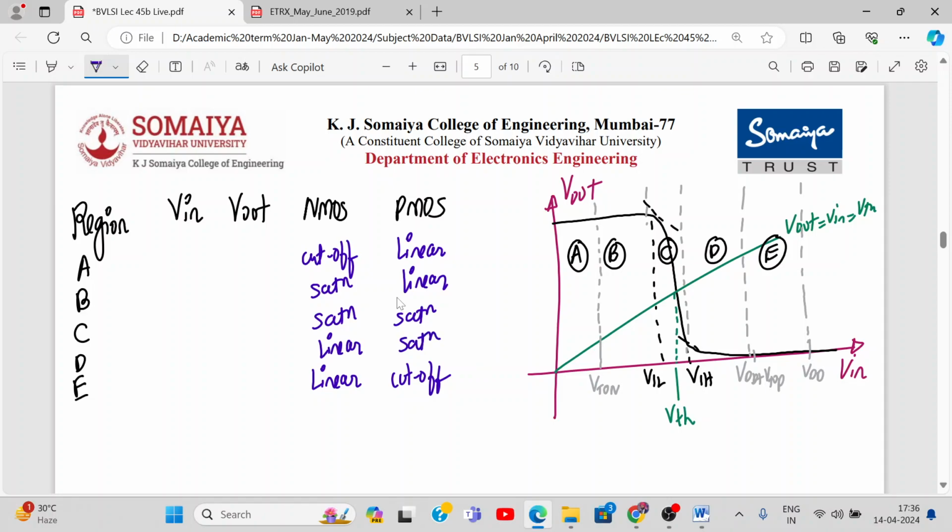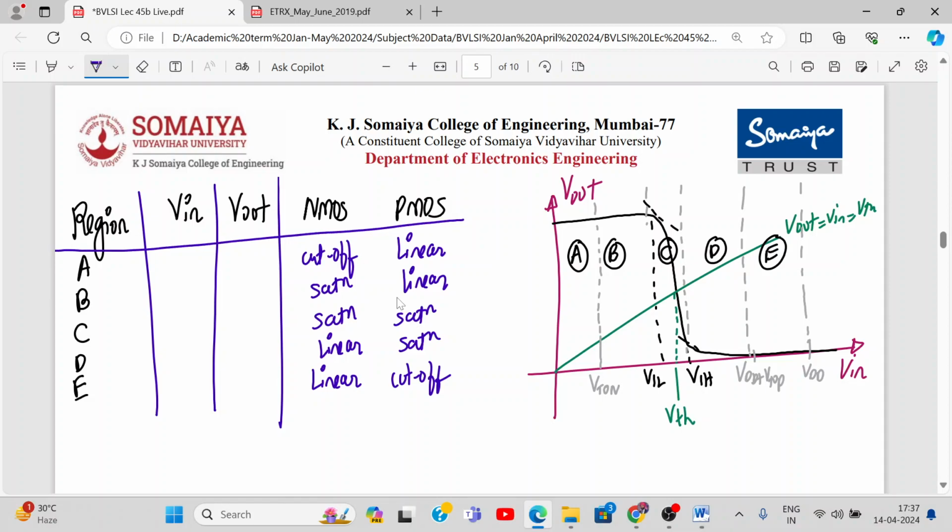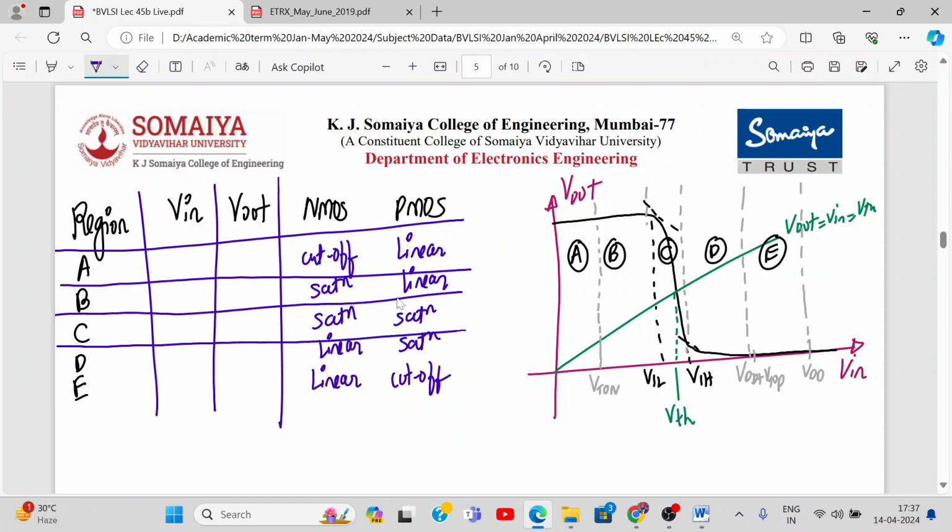We have derived all this. Okay, so we have written the table like this. Last time we have to complete this now. For A, region B, C. Okay, please complete this table.